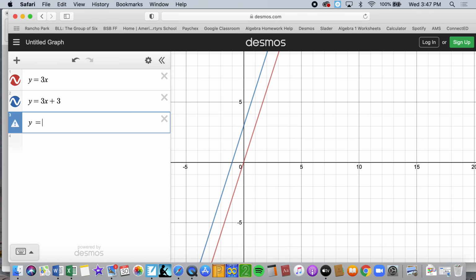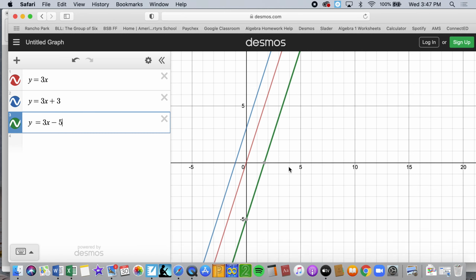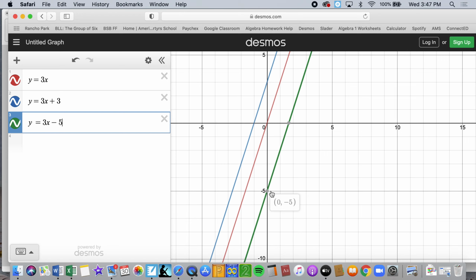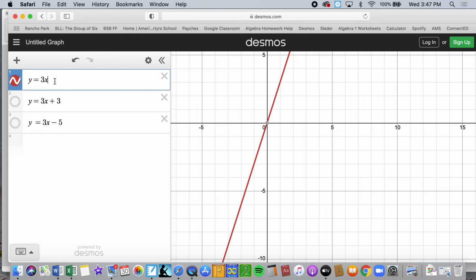If I have y equals 3x minus 5, we notice that those lines are parallel. It still has the same rate of change, up 3, right 1, same slope. It just crosses the y-axis at a different place. So if we focus in a little bit, and let's turn those off, we'll see how this line will move. 1, 2, 3, whoops, sorry. 2, 3, 4, 5.